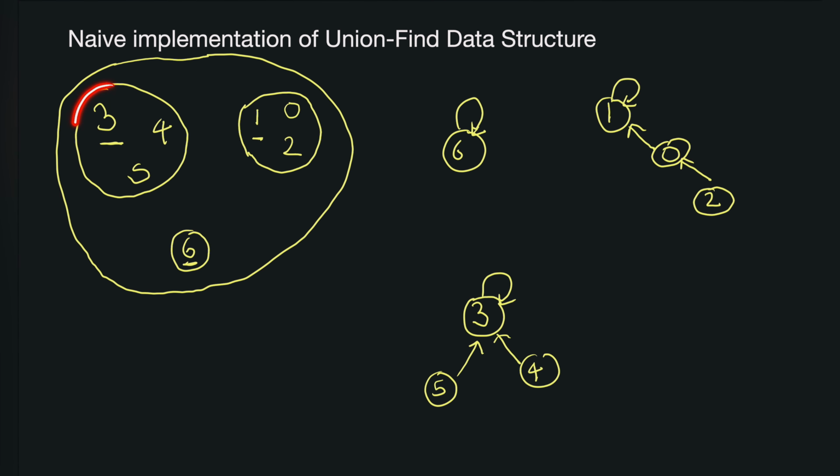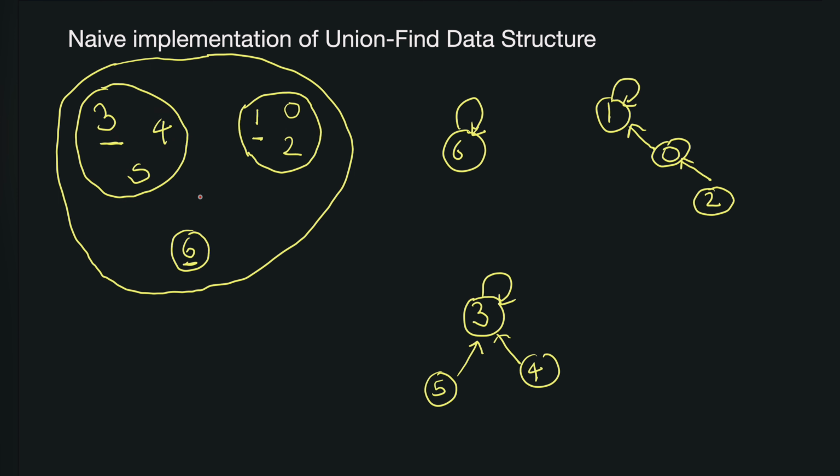Every subset in this union find data structure can be thought of as a tree, with the parent of this subset being the root of the tree and other values being the children nodes having pointers to their immediate parents.